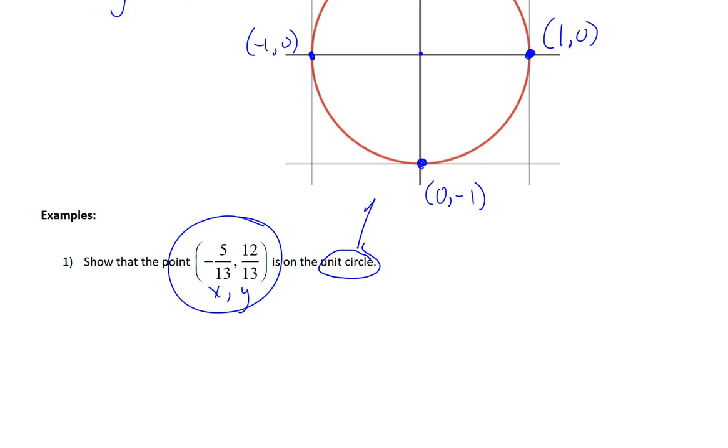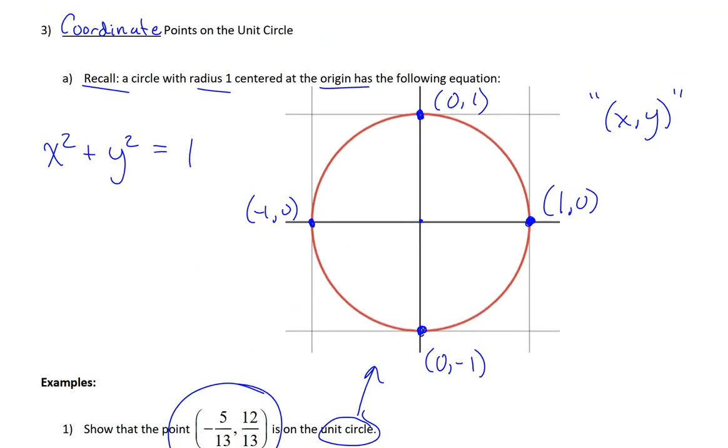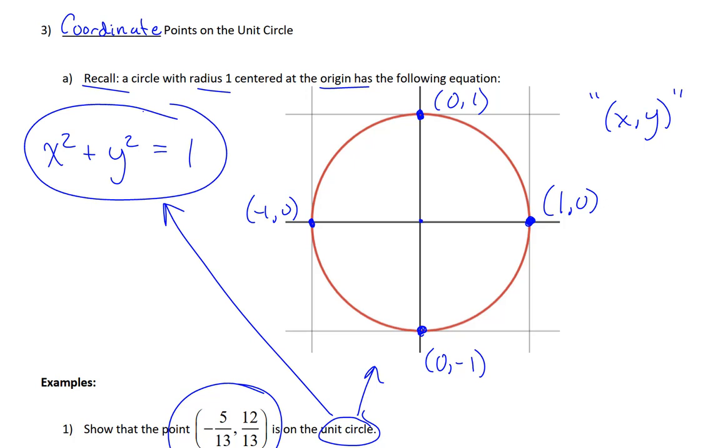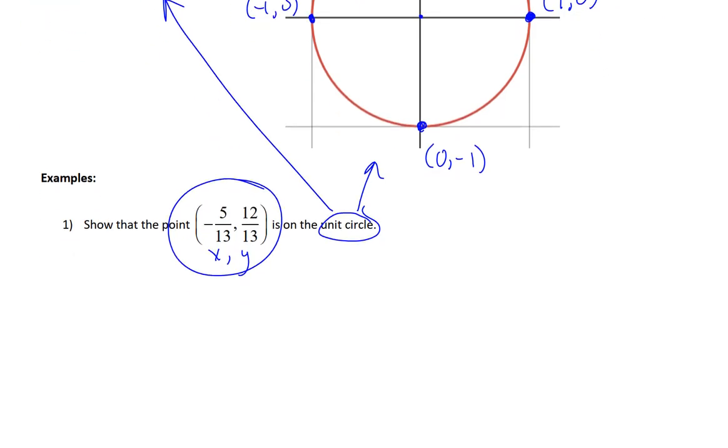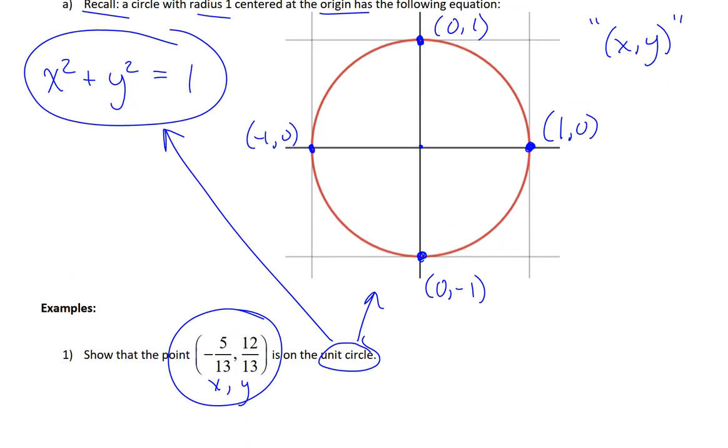Well, this unit circle is what we just looked at above, and we have the equation for it, also recalled: x squared plus y squared equals 1. So to show that this point is on there, if it is on the circle, then it must satisfy that circle's equation.